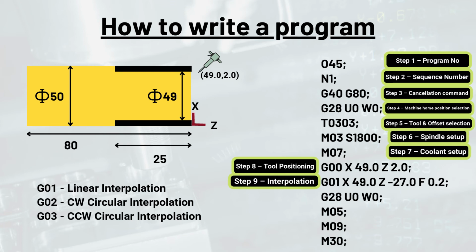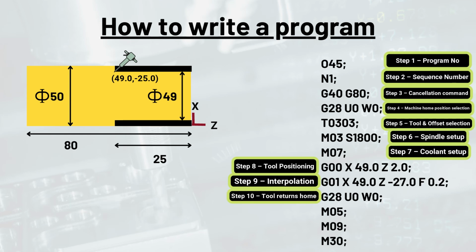Since linear interpolation is seen in this case, we will use G01 and the complete command would be G01 X49 Z minus, F0.2.